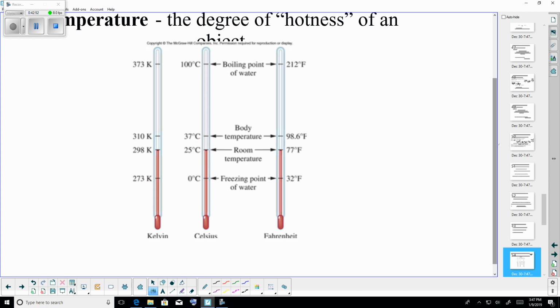Absolute zero is the temperature at which all molecular atomic motion stops. That's the coldest it could ever be. Absolute zero is 0 Kelvin, which is 273 degrees below 0 Celsius.